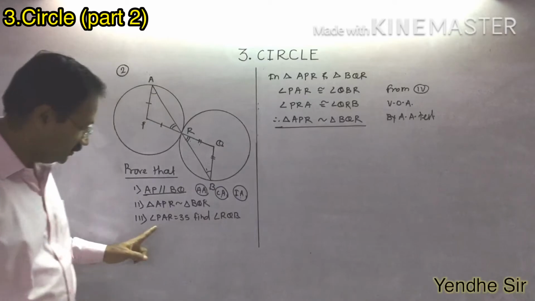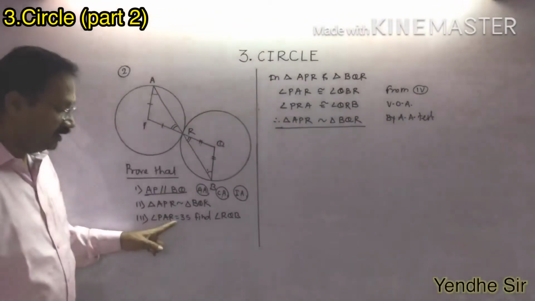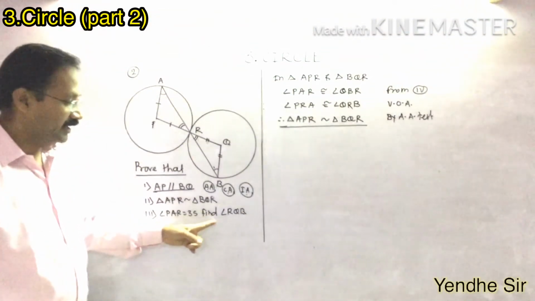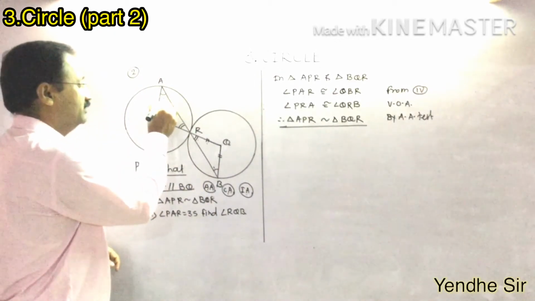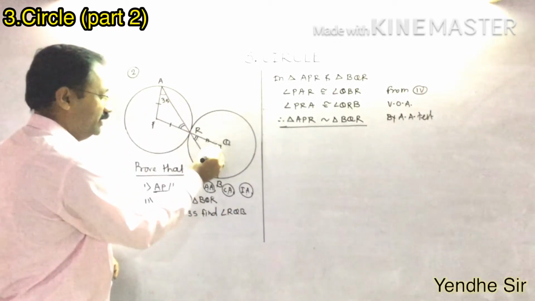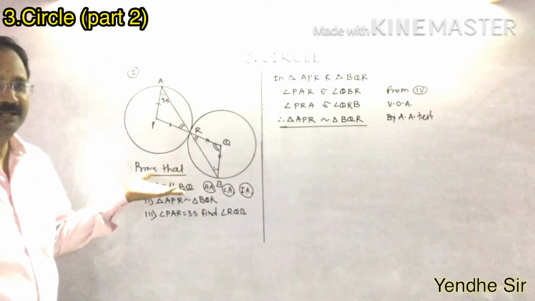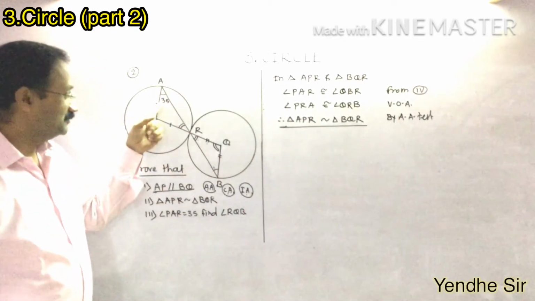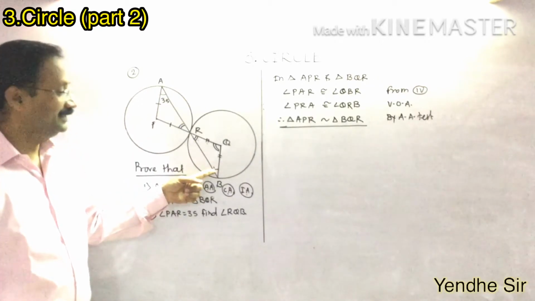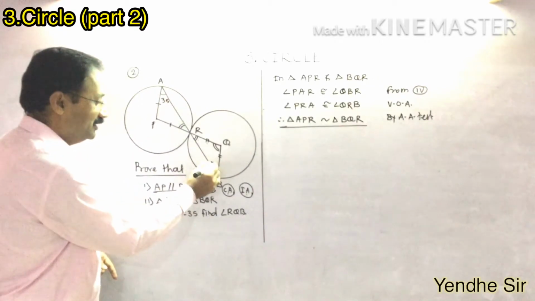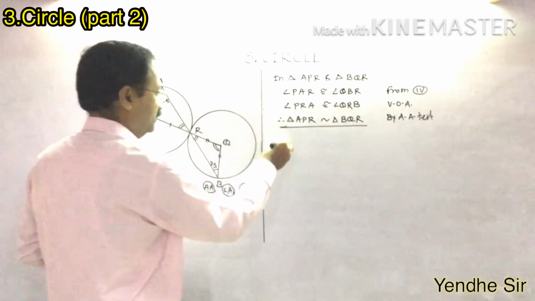Let's start with the third part. Angle PAR is given 35 and you have to find out angle RQB. This is given 35. You have to find out this one. It's very simple. How? We know that this angle is congruent to this one. Already we have written. So it will be 35. So I am going to write it first.